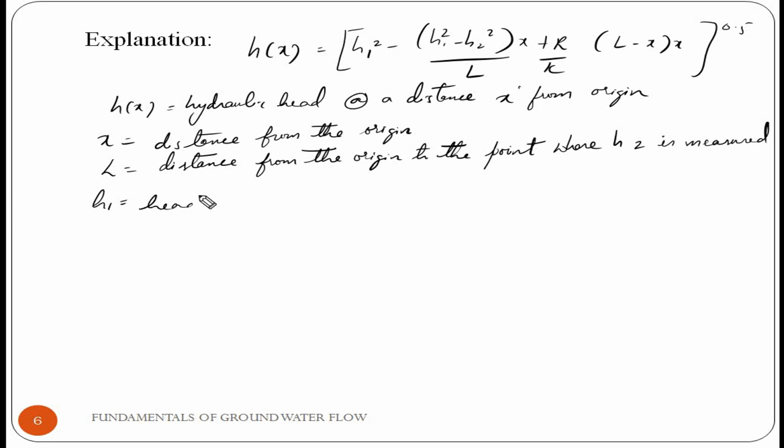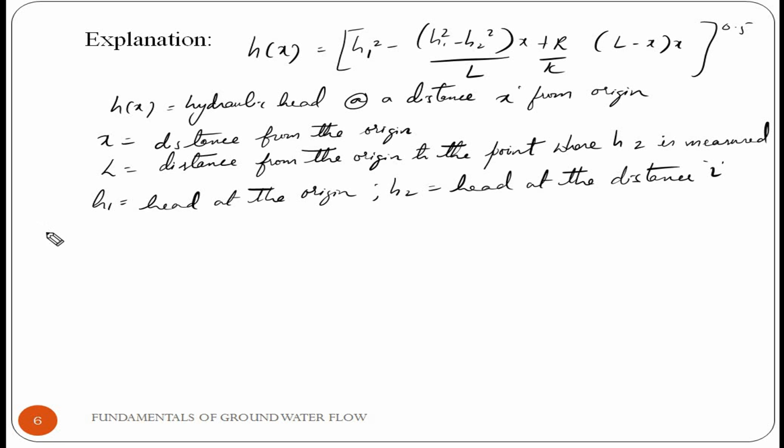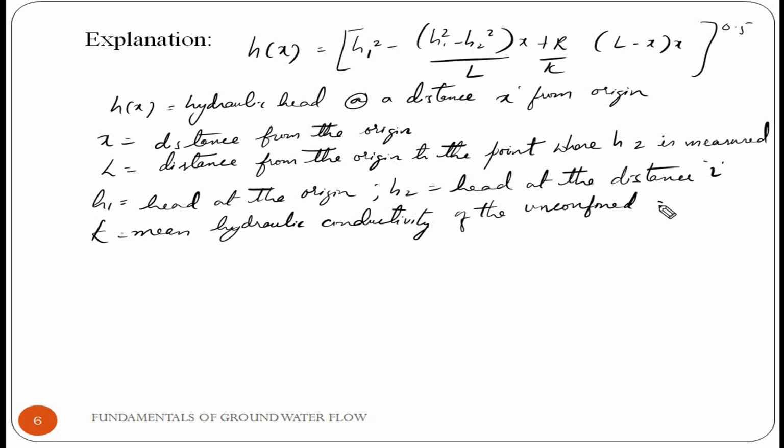h1 is the head at the origin and h2 is the head at the distance L, and K is the mean hydraulic conductivity of the unconfined aquifer, and capital R is the recharge rate.